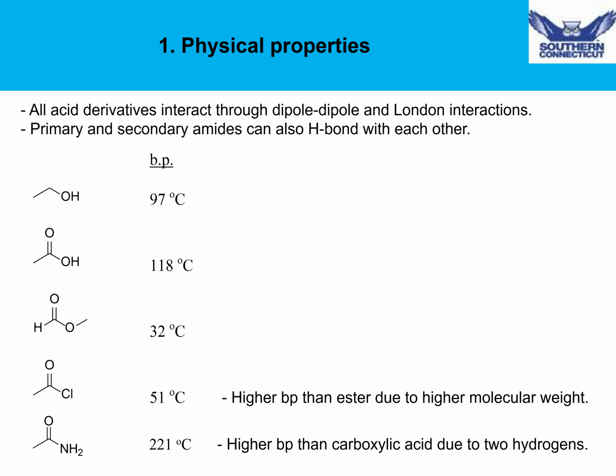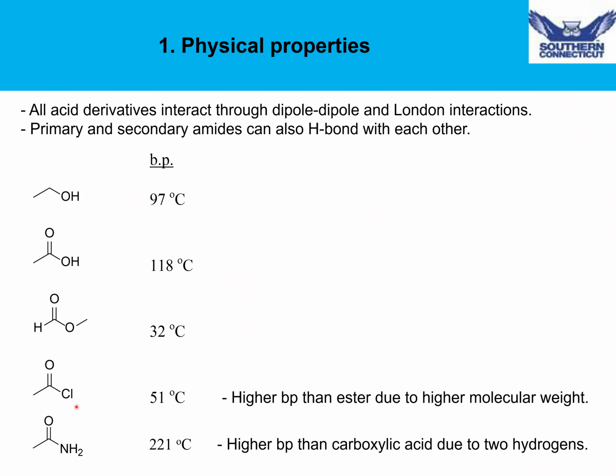With the exception of carboxylic acids and primary and secondary amides, most acid derivatives will interact with each other through dipole-dipole interactions as well as London interactions. As an example, here is an ester. It has a boiling point of 32 degrees Celsius.